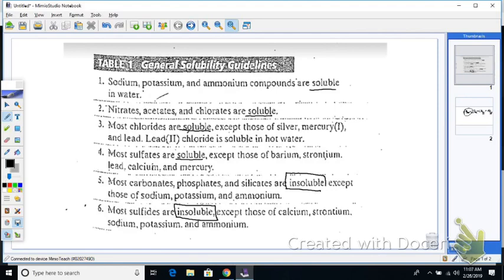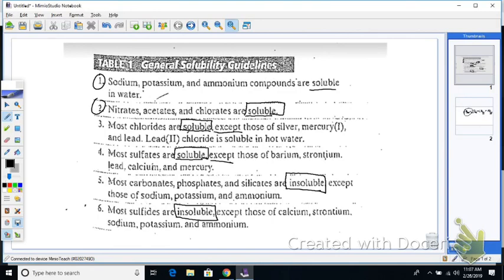Okay, you guys can write on your chart if you want to. You don't have to. I'm just highlighting these two words. Okay? So, 1 and 2. There's no exceptions on 1 and 2. On 3 and 4, they say they have a thing called except.